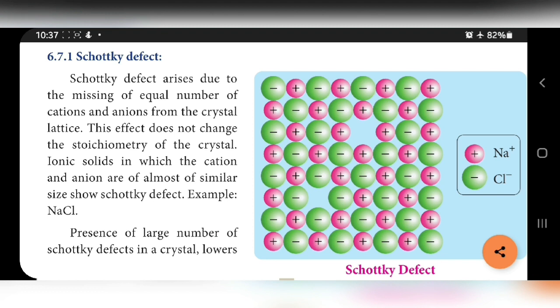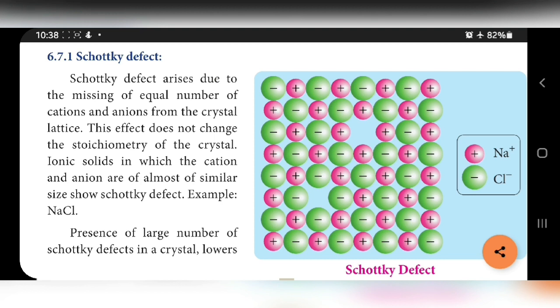And this defect exists only in ionic solids containing almost similar size of cation and anion. So the size must be similar. The size of cation and anion must be similar, then only this type of defect will exist.